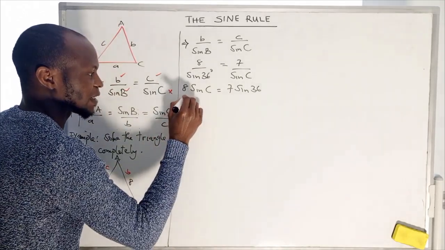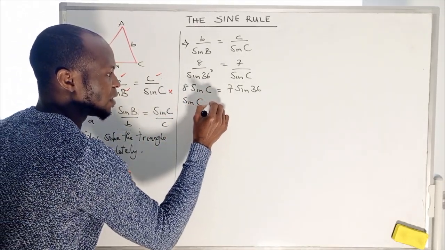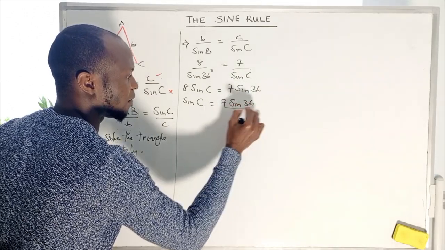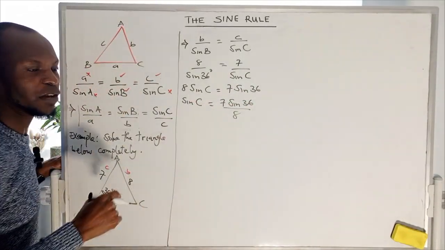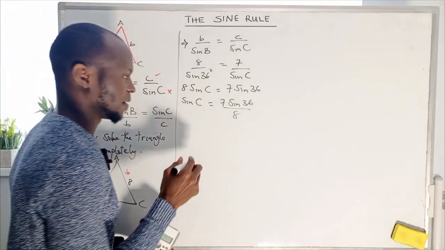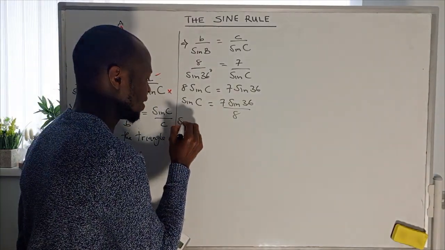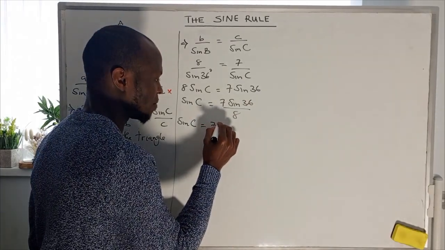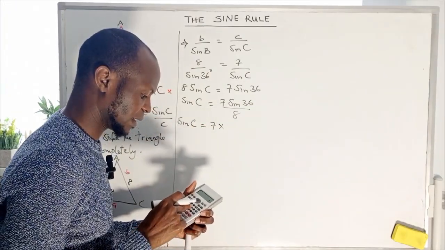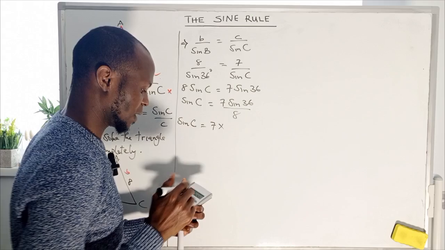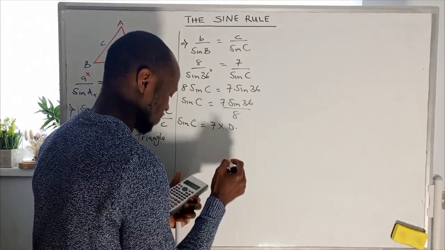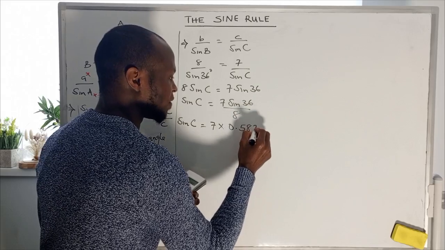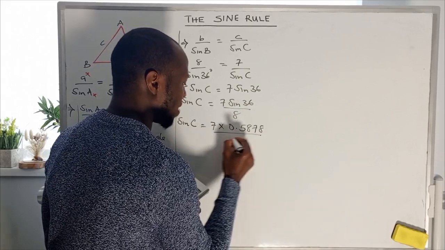So automatically my sine C equals 7 sine 36 divided by 8. If I divide both sides of the equation by 8, my sine C equals 7 times sine 36, which is 0.5878, all divided by 8.